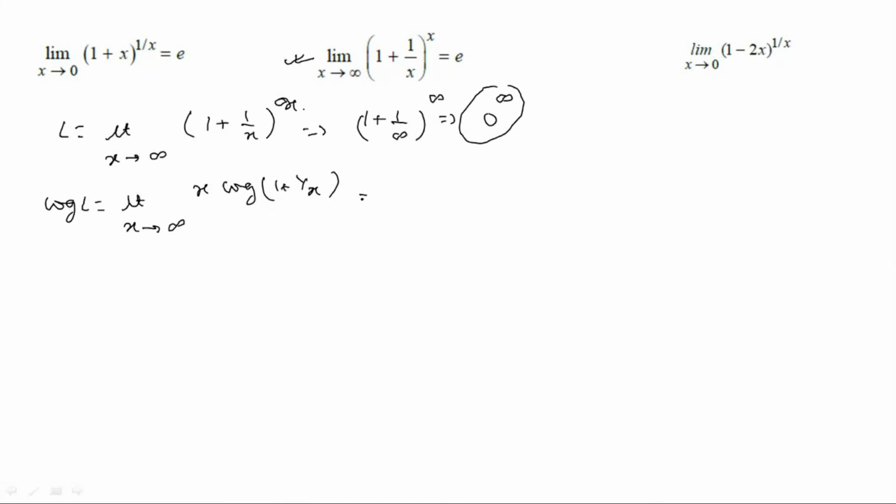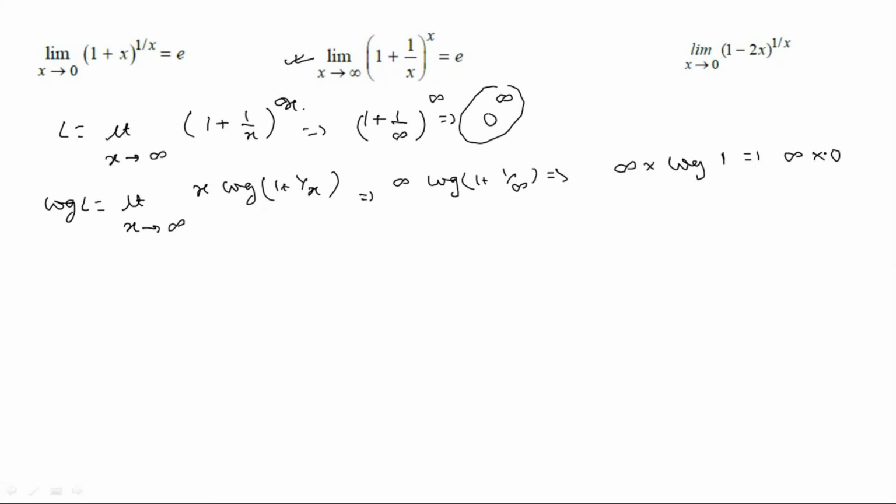Okay. Now again we put x is equal to infinity: log (1 plus 1 by infinity). It means that infinity into log 1. Log 1 means 0. Infinity into 0. Again we reach infinity into 0 format.